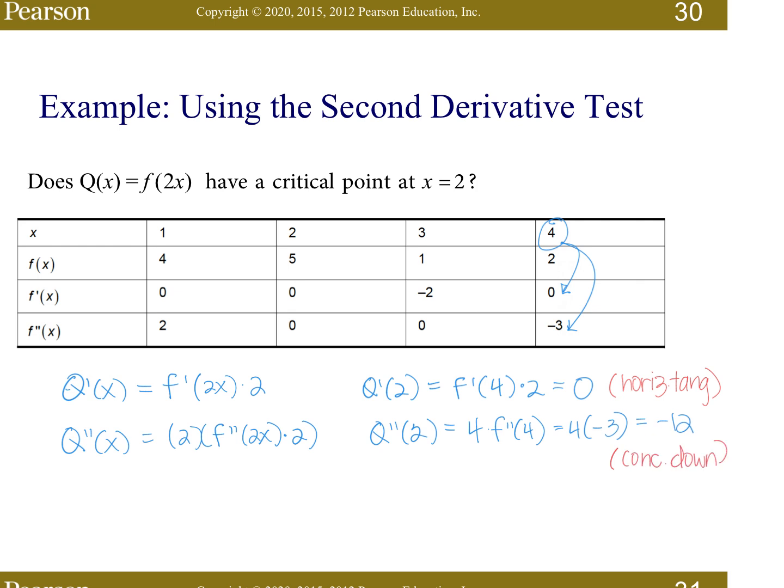So if we can picture that, we've got a horizontal tangent combined with concave down, which means that the critical point we're looking at is a max. So q of x has a local max at x equals 2.